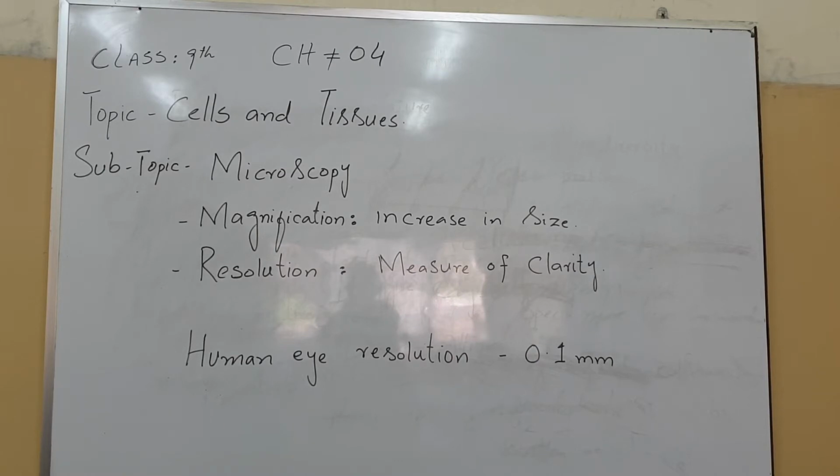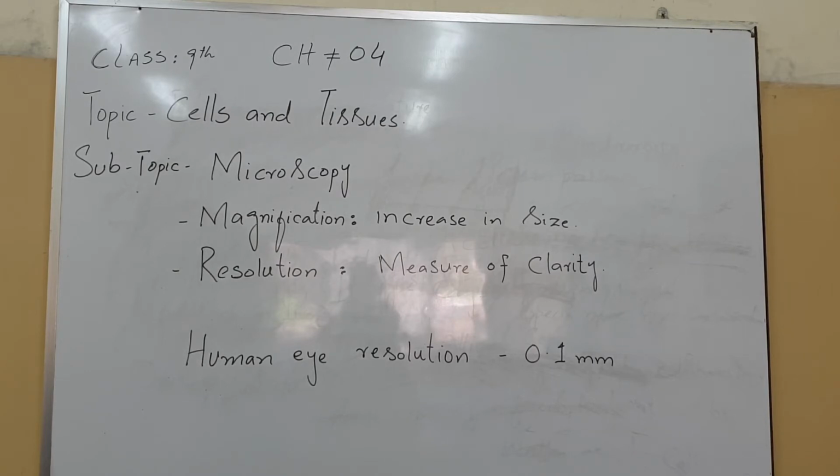While resolution is the measure of clarity, that is, how clear the image of that object is to us. Sometimes when we magnify an object more, it becomes blurred, but when we clearly see the object under the microscope, it is a good resolution.